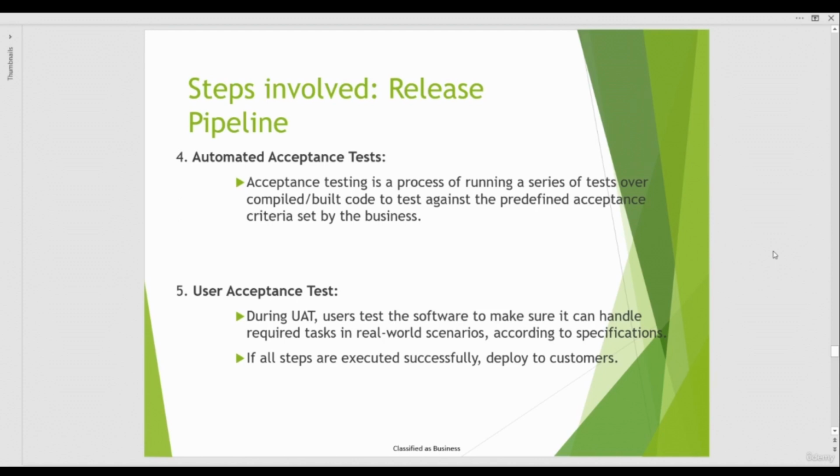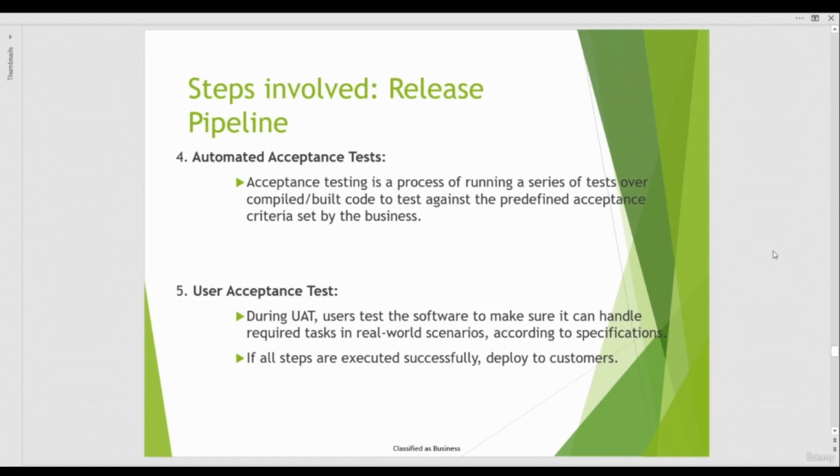So the first stage can be automated acceptance test. Acceptance testing is a process of running a series of tests over your compiled or built code to test against the predefined acceptance criteria set by the business. From the build pipeline, you will get the artifacts. Those artifacts are tested against some acceptance criteria which is defined by your product owner or by the business.